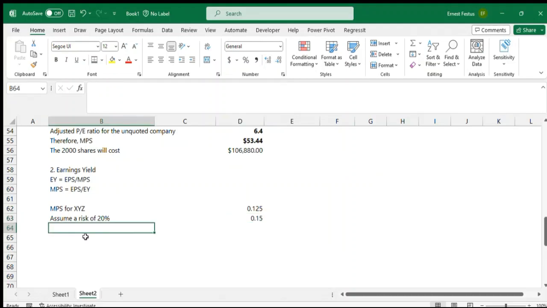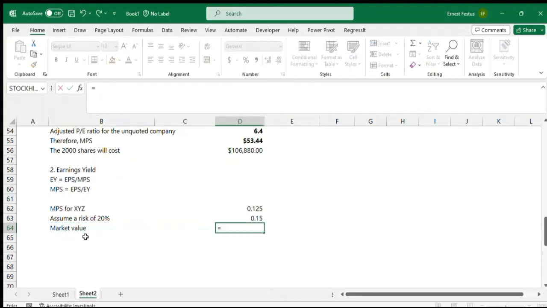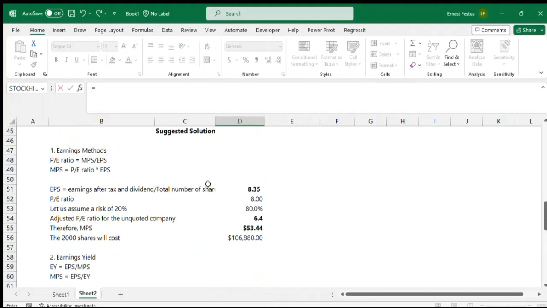Alright, so with this earnings yield, we can calculate the market value of the ABC company. So we have the market value being equal to this amount.